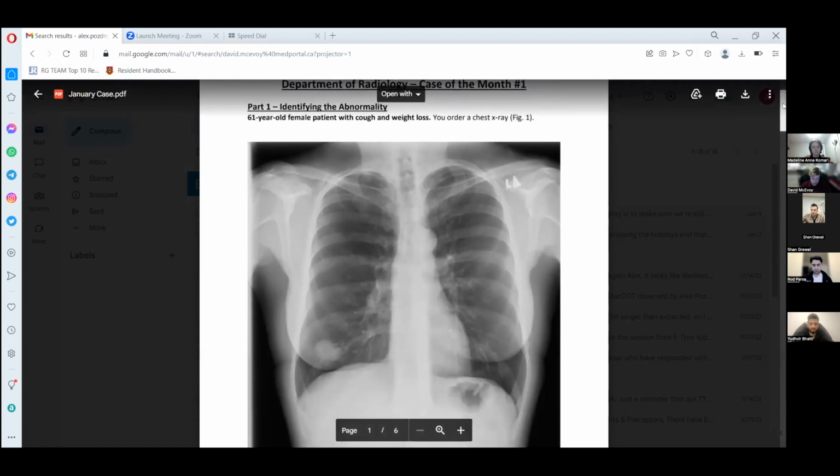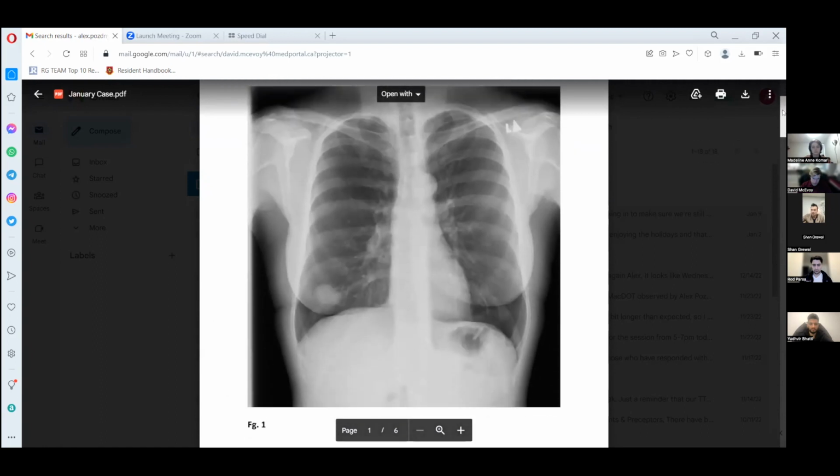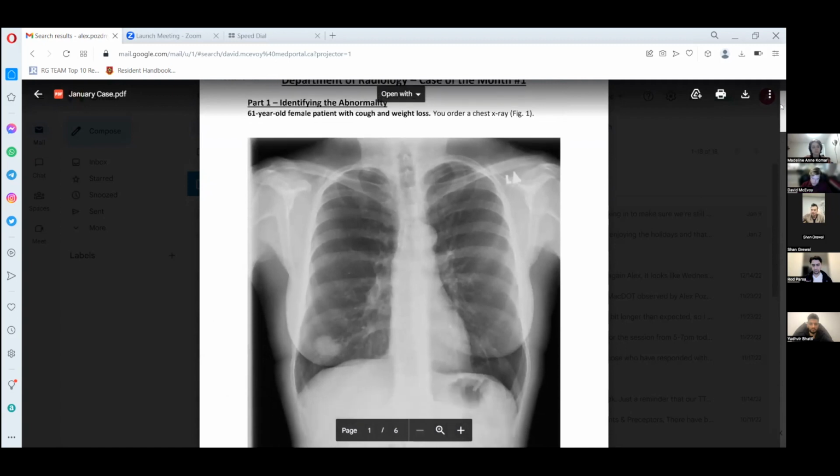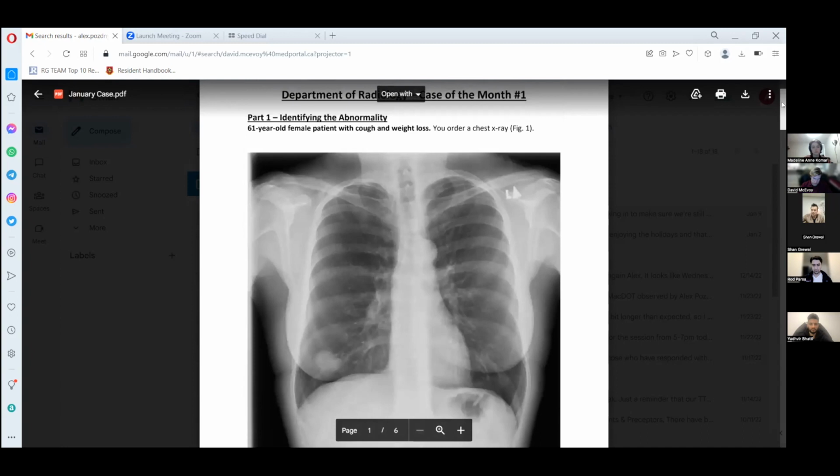So here we have, they don't really say, but most likely this is a PA view, which means that the patient is positioned with their chest against the film, and the X-ray shoots through.